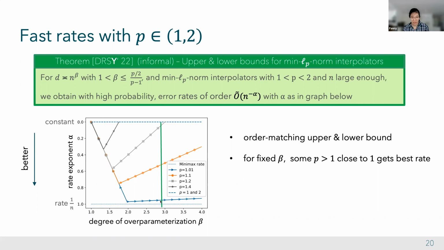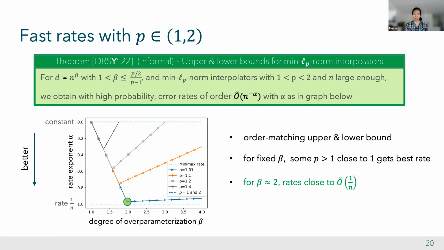And as I increase towards 2, I again get closer to the constant rate. Here's p equal to 1.1, and here it's p equal to 1.2. So this is for fixed β. I can read off that p equal to 1 and 2 are worst. If I increase p a little bit from 1 to 1.01, then I get a very fast rate immediately. So there's a kind of sharp transition here.